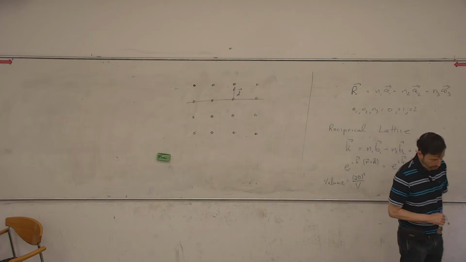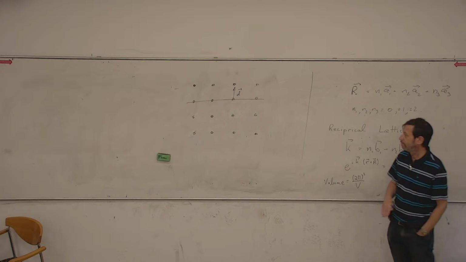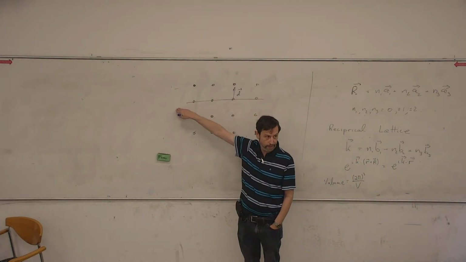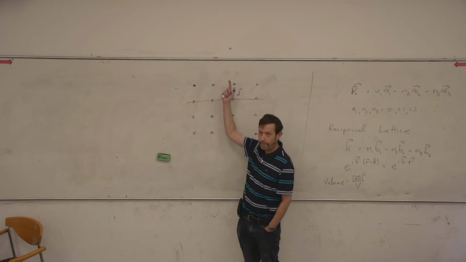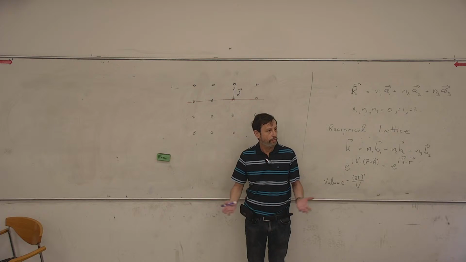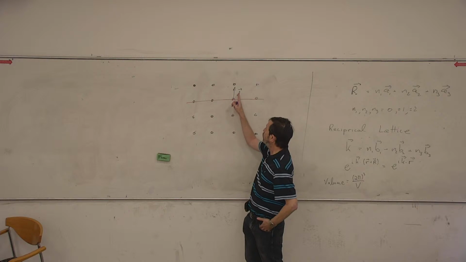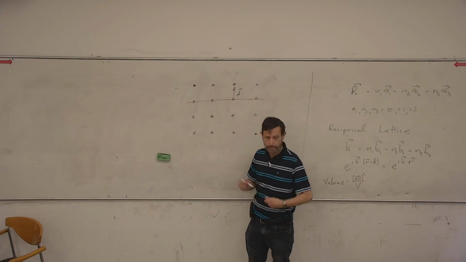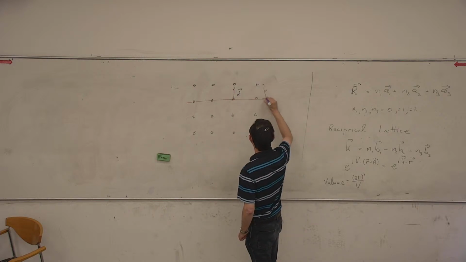I have here a plane. It's a line because I'm drawing it in 2 dimensions. I have a vector that is perpendicular. The vector can be of any length, but let's say I'm choosing it at the length of the distance between planes.